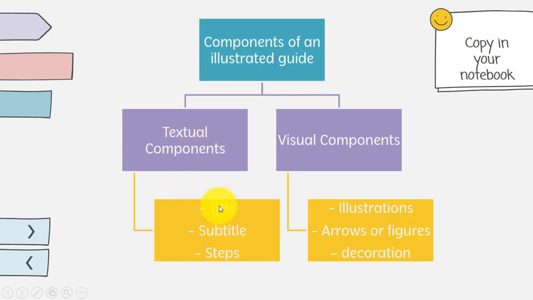Recuerda que los textual components son la parte written, escrita. Y los visual components, for example, las illustrations, arrows or figures, and the decoration, alright? All the visual. Please, this little chart, this little concept map, copy in your notebook, okay?